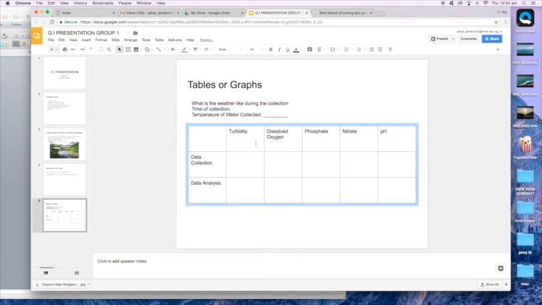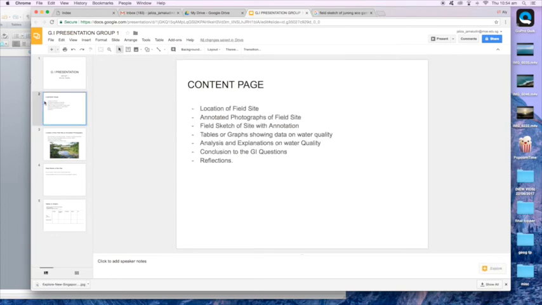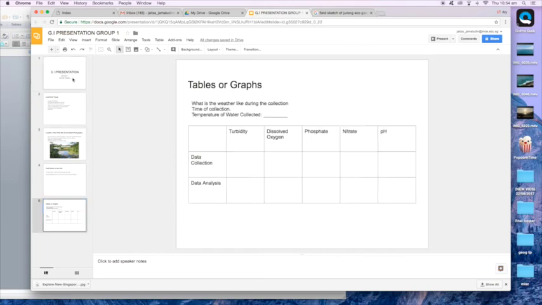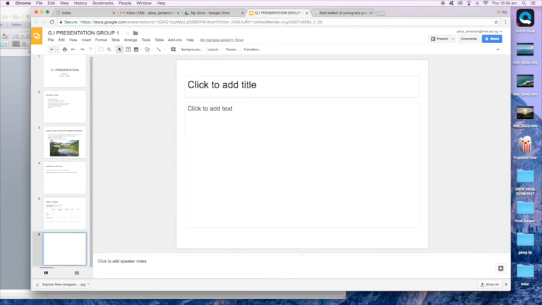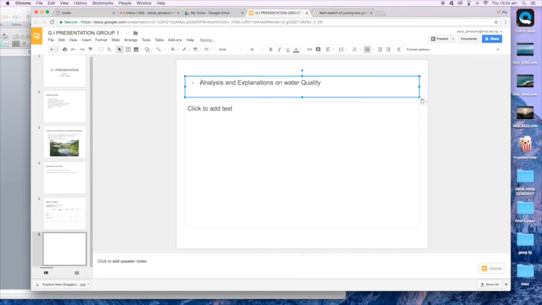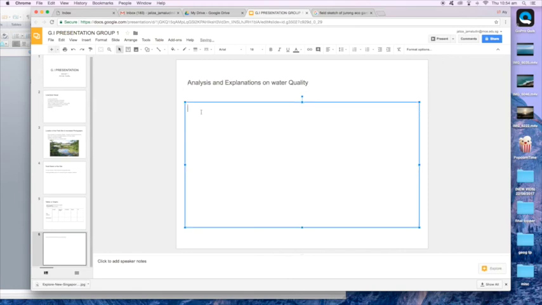Alright, next. Analysis and explanation of water quality. Basically you've done this in this table. So you show the data on water quality and you analyze and explain. Or maybe you can give an overall conclusion on the water quality at the site that we have collected.